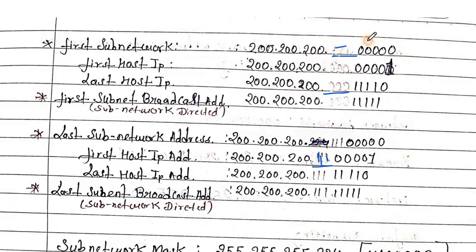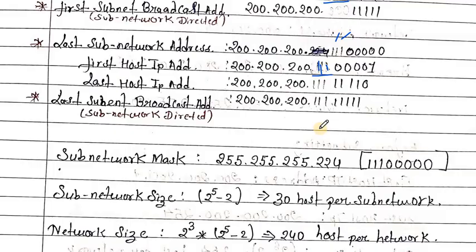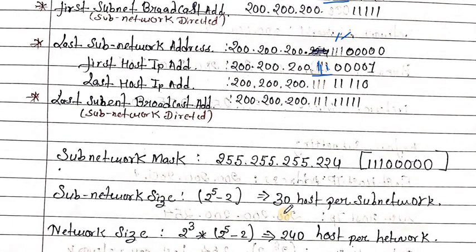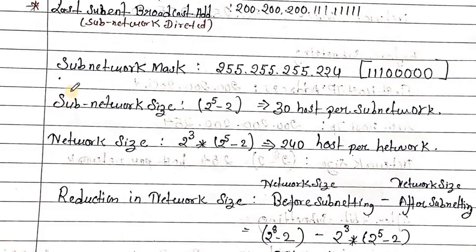The first combination is 0 0 0 and the last combination is 1 1 1. In between them there are 6 more combinations, but we take only the first and last. Okay, here is the subnetwork mask. After the 3 bits, all bits are 1. These 3 bits are 1s.